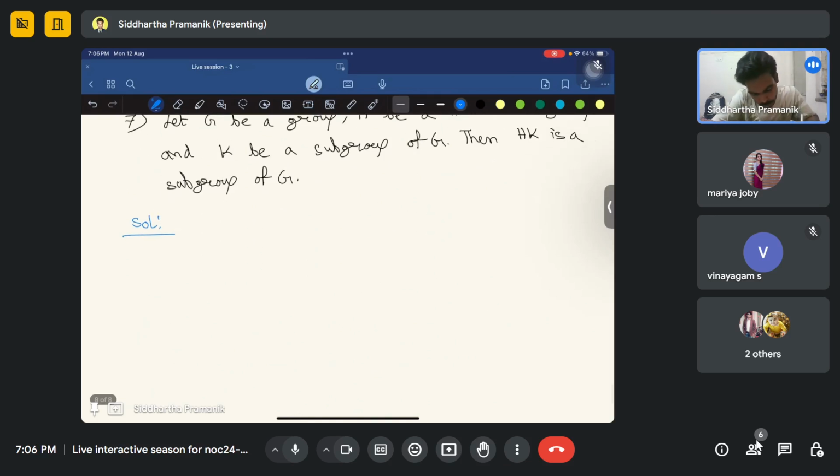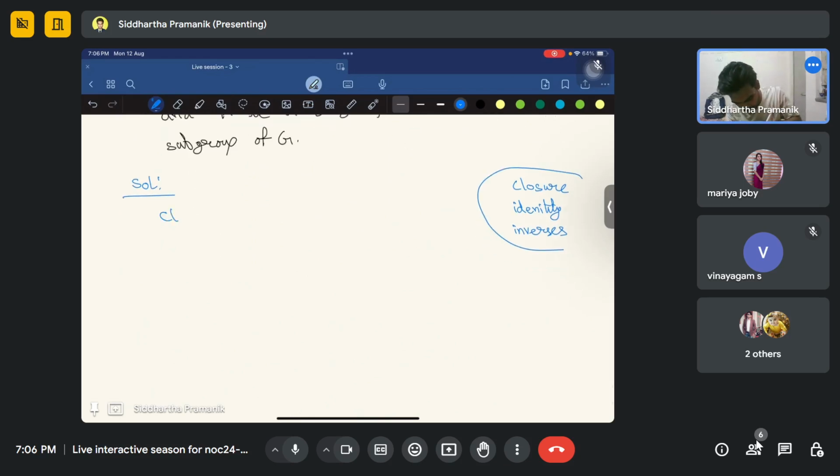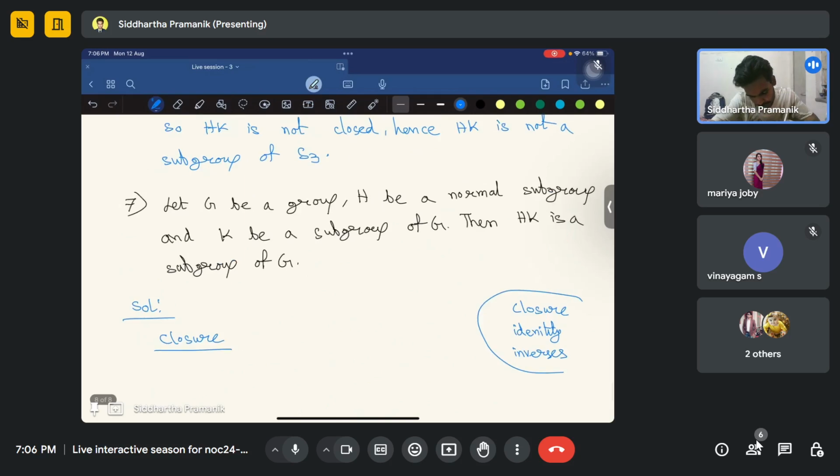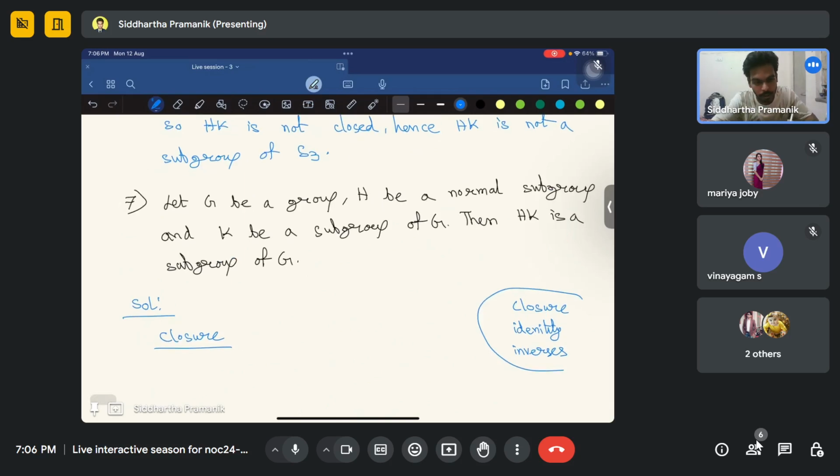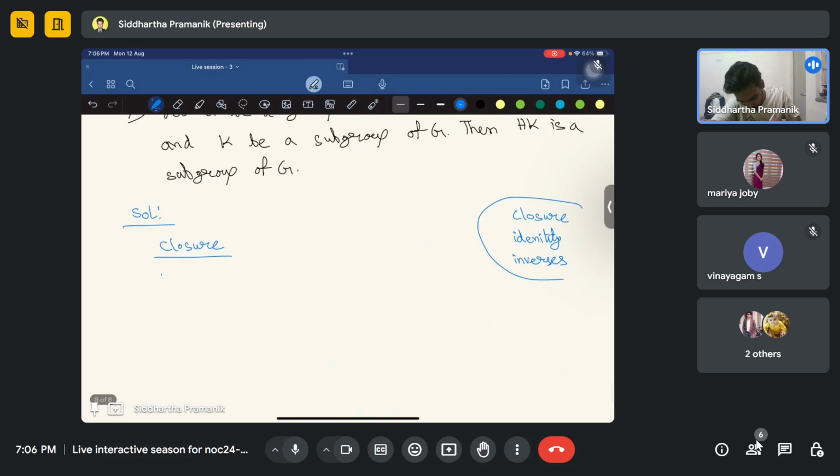So to prove it's a subgroup, we need to prove three properties. Let me list them down. First one is closure. Second one is existence of identity. Third one is existence of inverse elements. So let's start with the closure. Closure means if we take two elements, then their product should also be in that set. So let A and B be two arbitrary elements in HK.